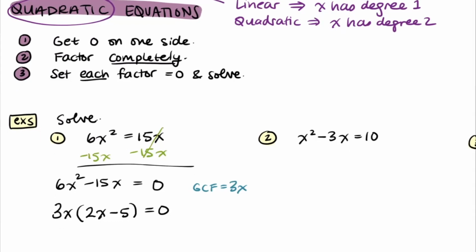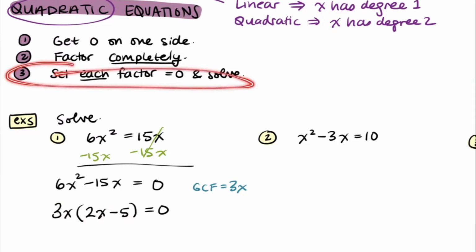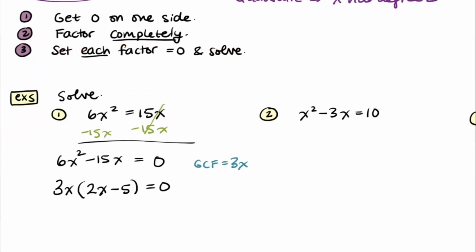When you are factoring out a GCF, that's normally as good as that will get, but then you look at what remains and you see if it factors further. I've got two terms. The only way that's factorable is if it's a difference of two squares, and this isn't because we have x to the first. So what we'll do now is move on to step number 3, which is to set each factor equal to 0 and solve.